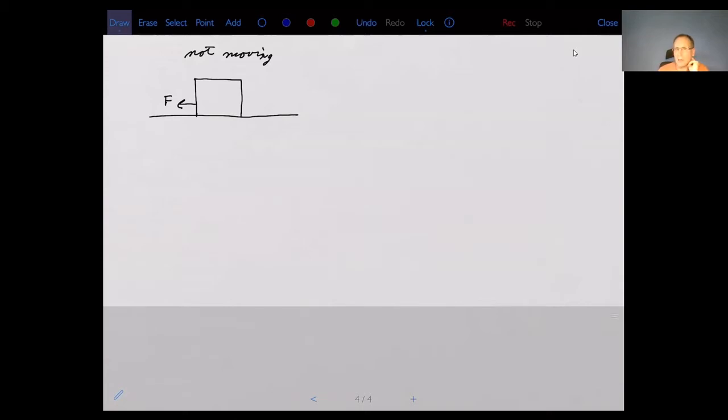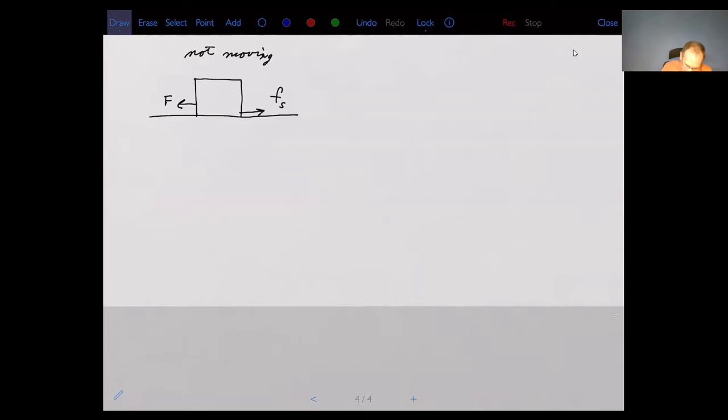So there must be some force resisting the motion that's pointing toward the right. And actually it has to have exactly the same magnitude as F, but going towards the right. So I'll draw it the same length. And this is what's called a static frictional force. So we call it F sub S.